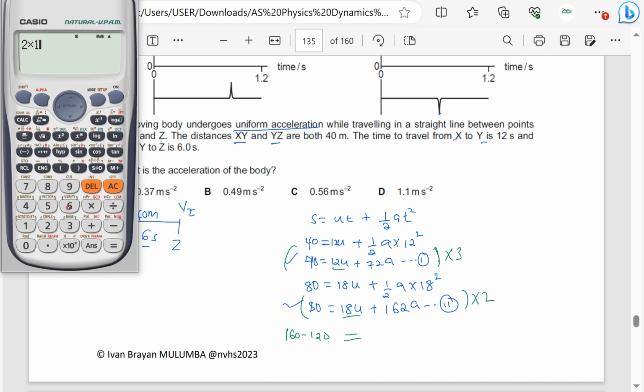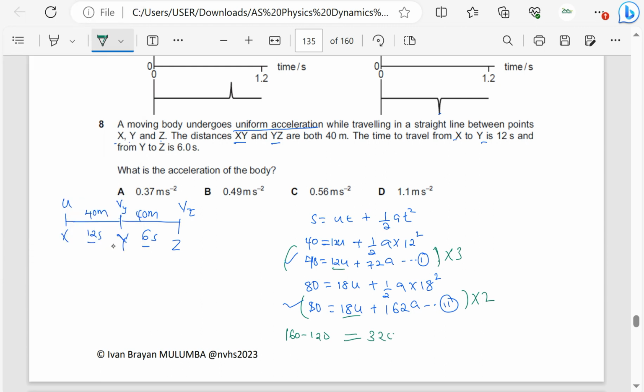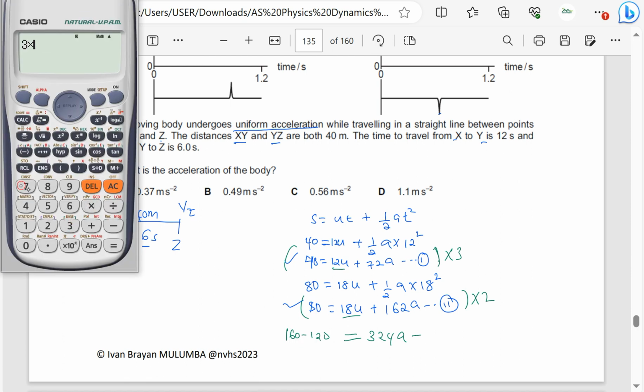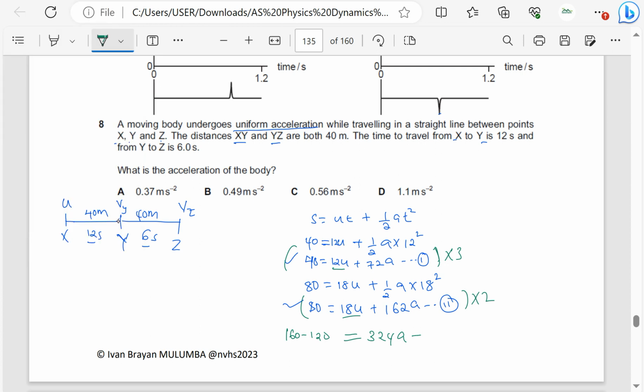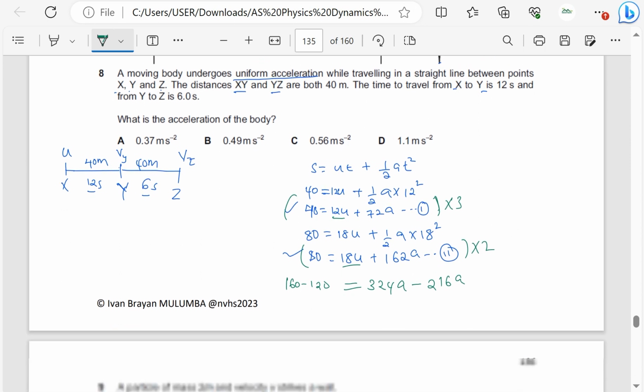2 times 162 is 324 times a, minus 3 times 72. 3 times 72 is 216, so minus 216 times a. I'm trying to solve for a.